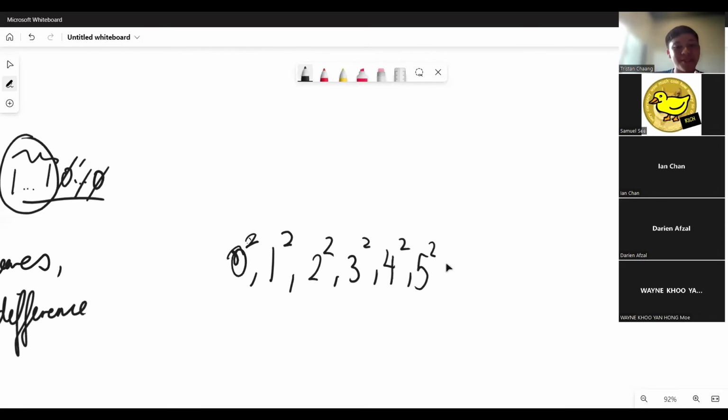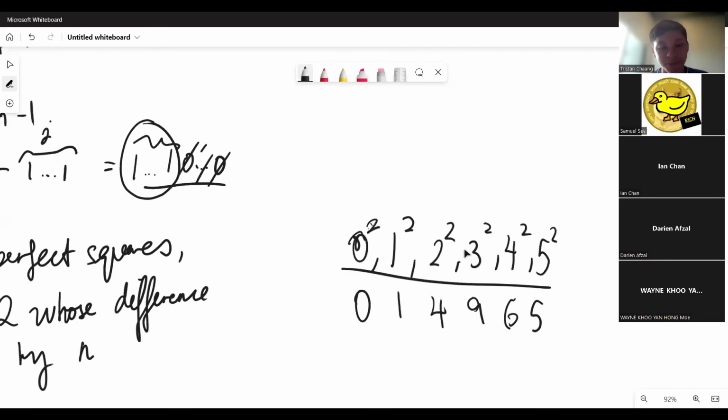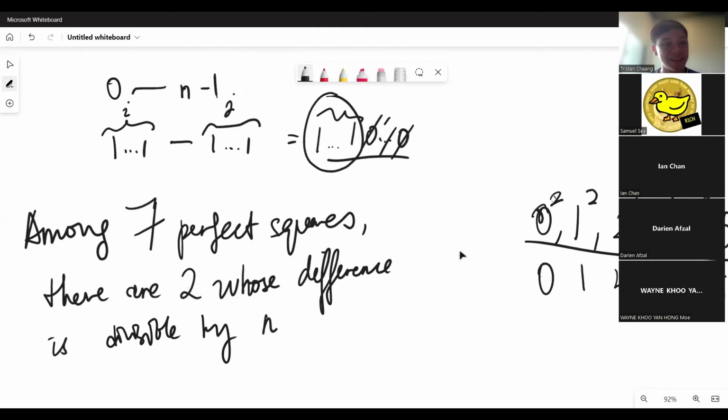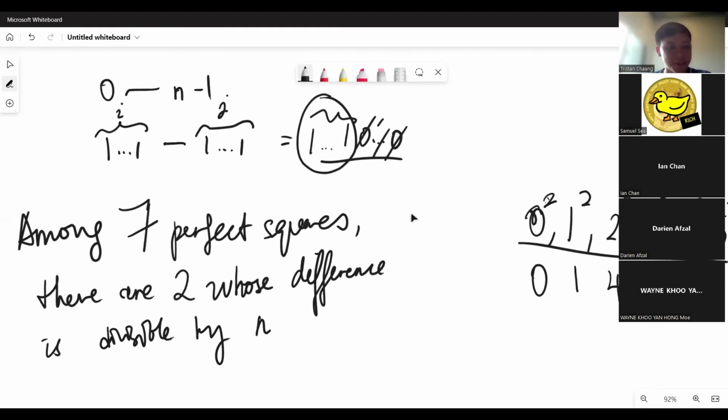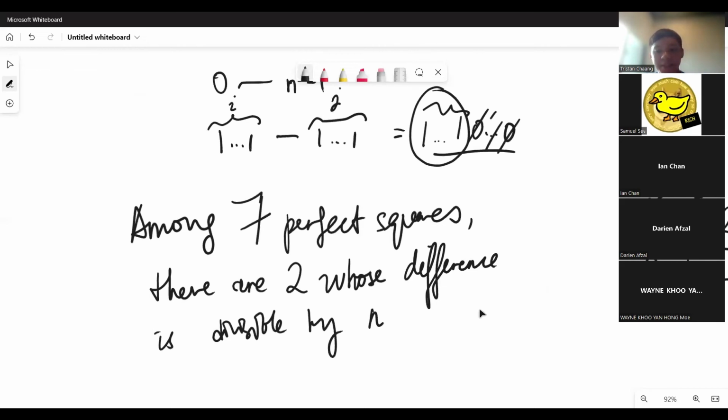So I just have to find these numbers, and this is 0, 1, 4, 9, 6, 5, and coincidentally they are all different. I mean, it's not very coincidental, there's a proof of that, but there are 6 possible units for perfect squares, and hence, given 7 of them, 2 of them must have the same. Subtract them and you get a multiple of 10.